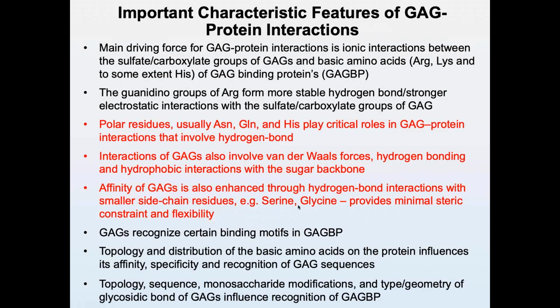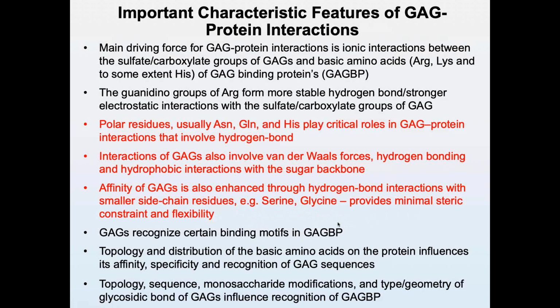Sometimes they may have the same number of basic amino acids, the same type and the same number. However, they may have other amino acids that are very big, and they prevent these GAGs from coming and binding to this site. So when you have serine and glycine, they allow minimal steric interaction, and they usually are involved in specificity and recognition.